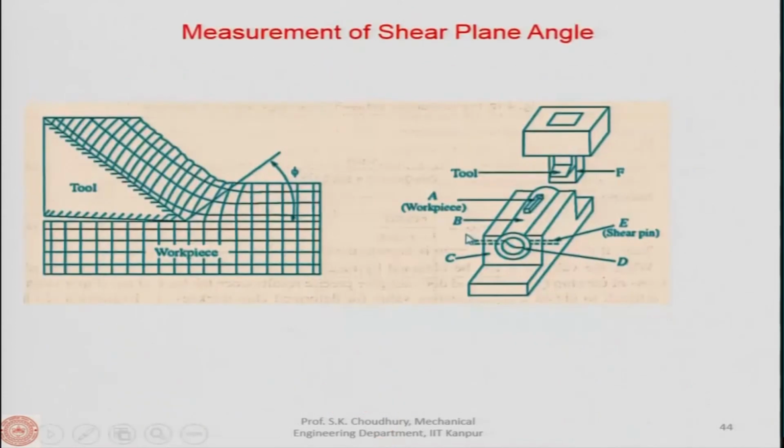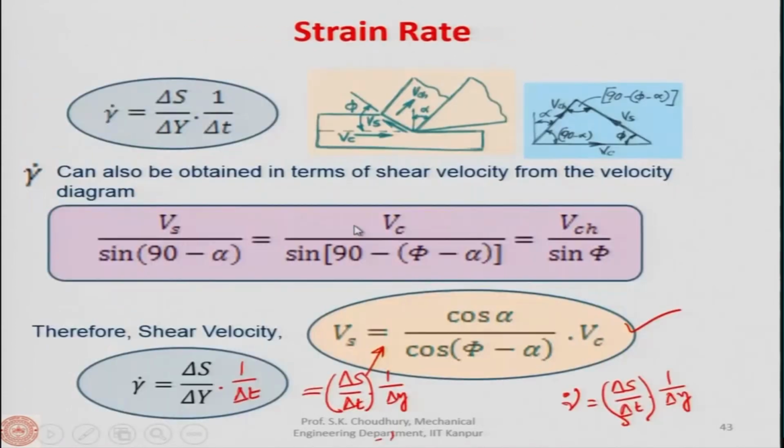All right. Now, what we are seeing here is, if we know the phi, alpha will be known, because we are using a tool which we have decided, and for that tool the rake angle we have given according to our choice. I have already discussed with you that depending on the workpiece material and the hardness of the tool material, we have to find out the value of alpha.